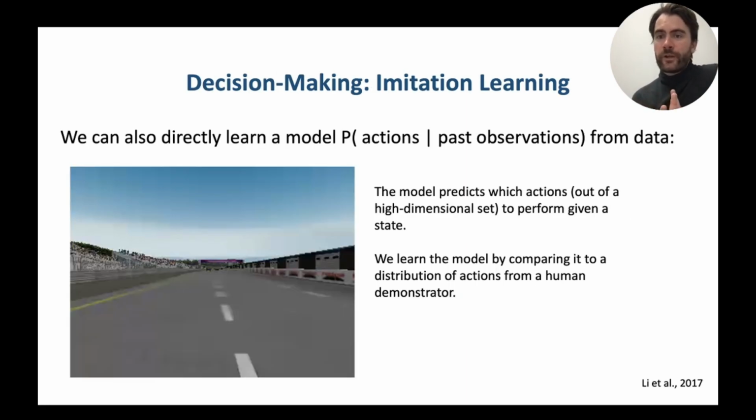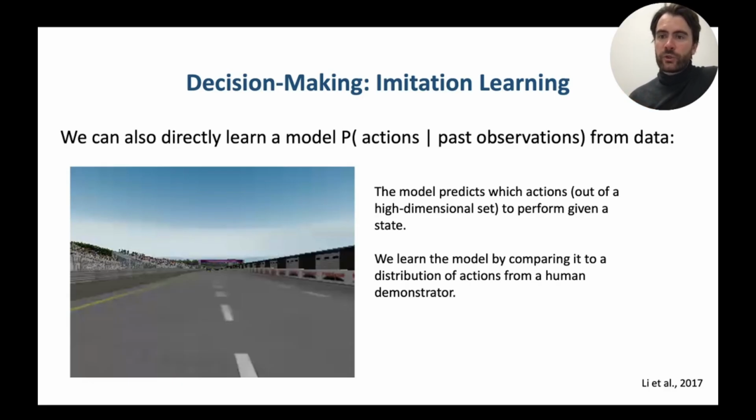Another way of connecting generative models with decision making is through the lens of imitation learning. Imitation learning means that I have access to a large data set of actions from an expert.